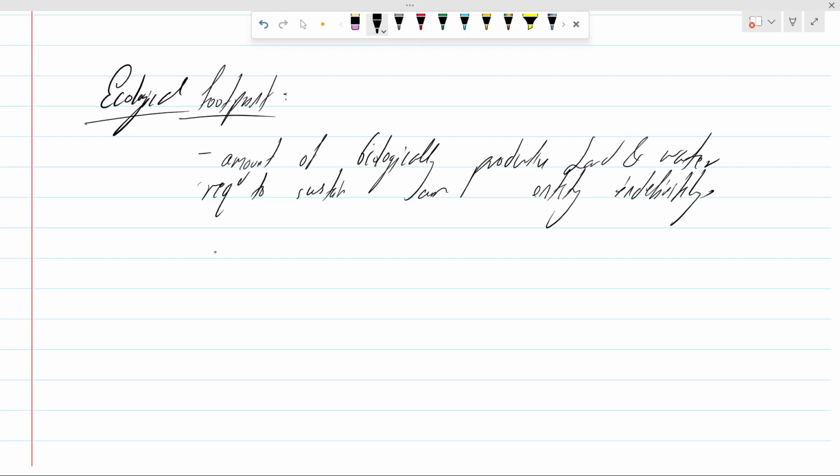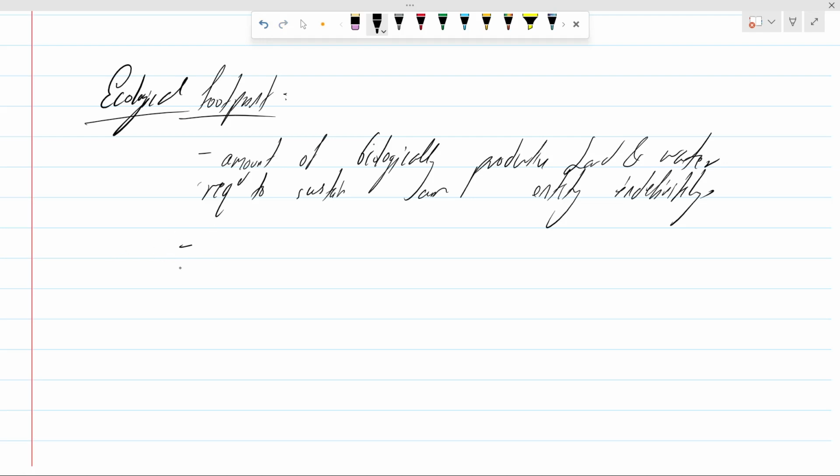That is an ecological footprint. And it differs according to the countries. Some countries have higher ecological footprint per person, whereas some have lower.